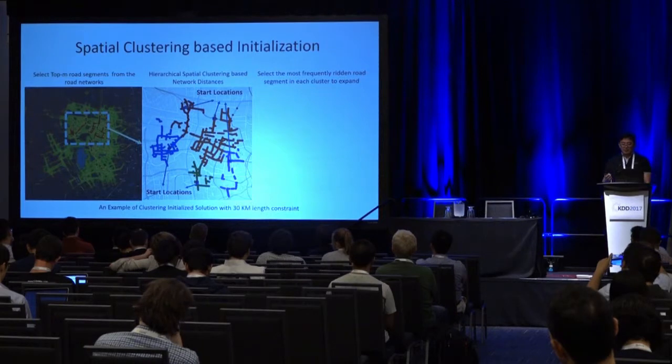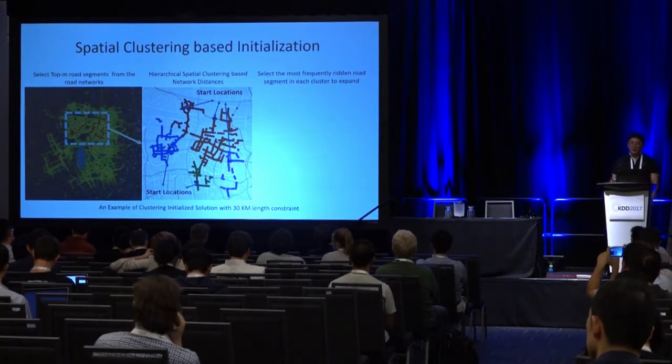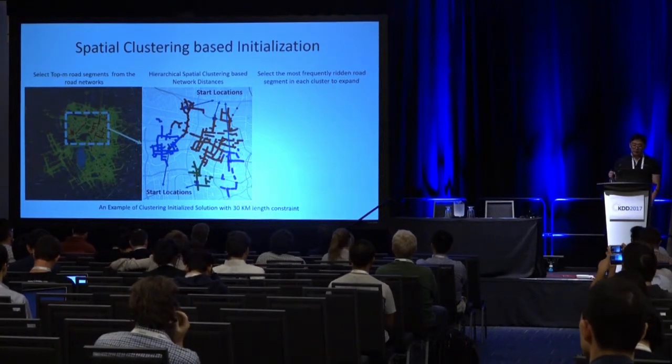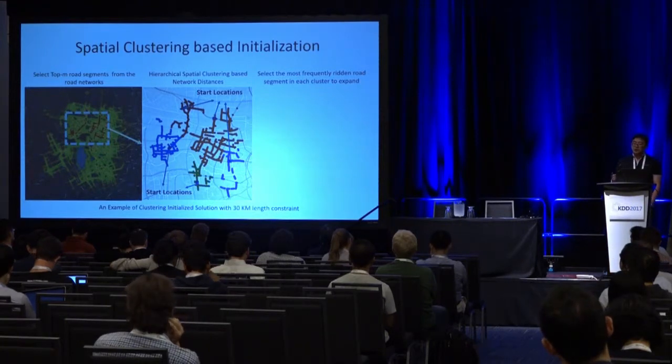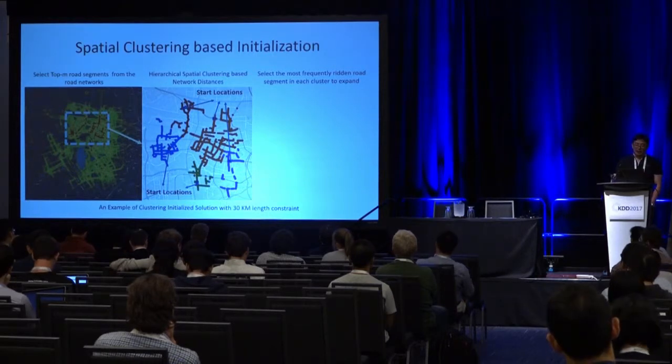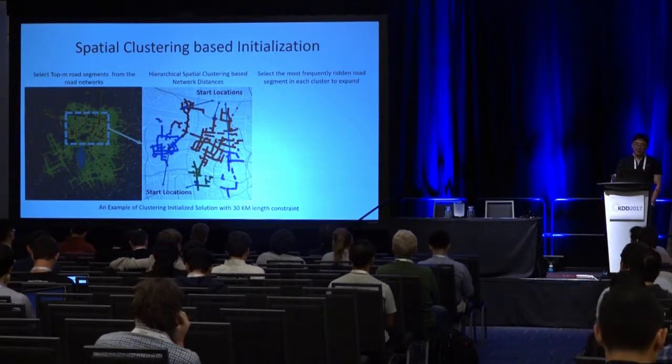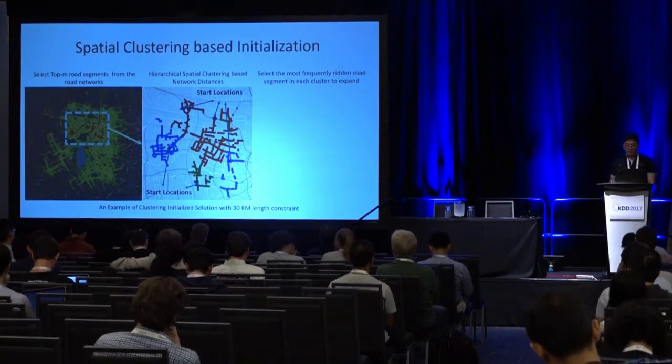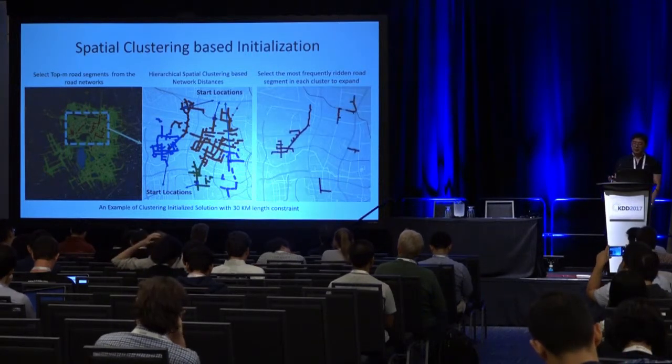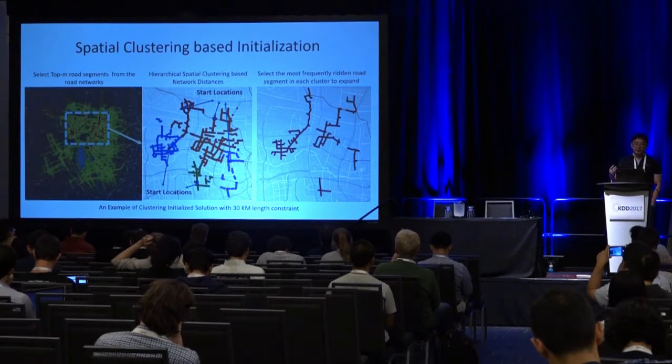After the clustering is done, we select the hottest road segment in each cluster as the start locations. In this way, we avoid the scenario where we have connected seed or start locations. And finally, we do the greedy expansion algorithm and get our results.